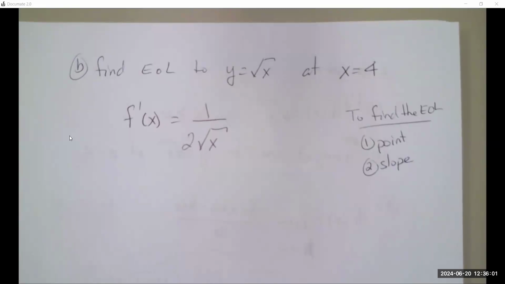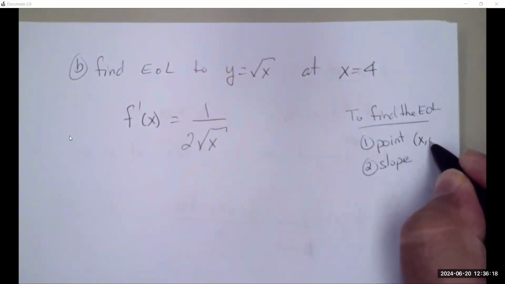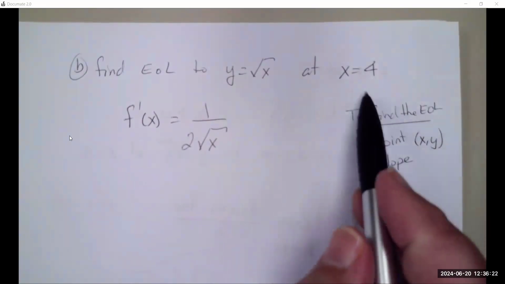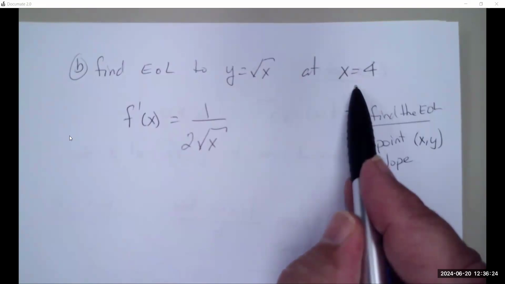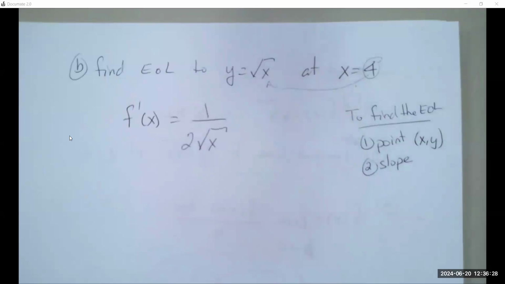No. At least not yet. A point is an x and y component. It's an ordered pair. We know what x is going to be. If we take this and plug it in here, we can find the y.